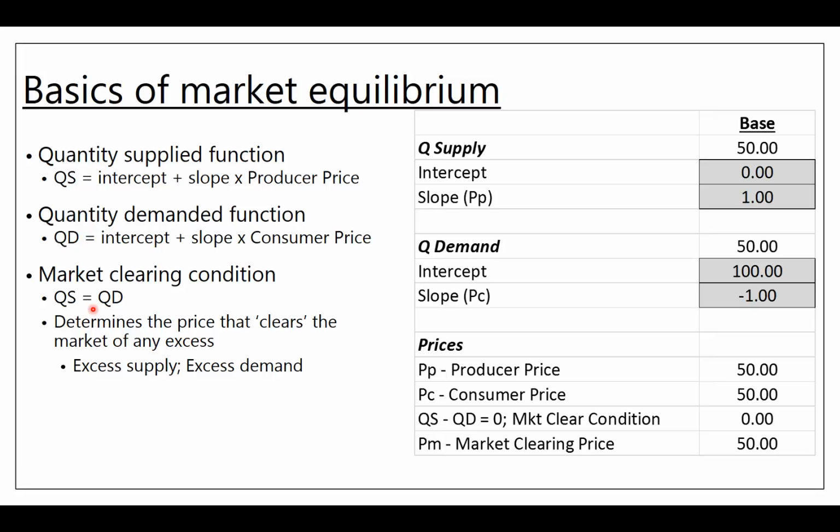It tells us what producer price, consumer price, or eventually market price needs to be set to force the quantity supplied to be exactly the same as the quantity demanded, and that's what we call market clearing. There's no excess. So it determines the price that clears excess supply or excess demand, which you might think of as demand that's unmet or supply that's unsold. Those don't exist because we're only trying to find all the transactions.